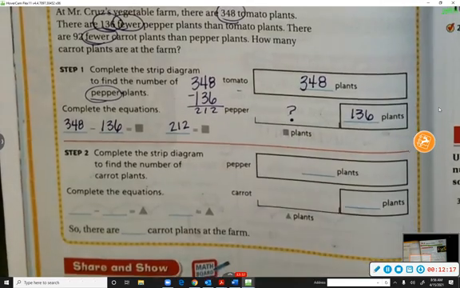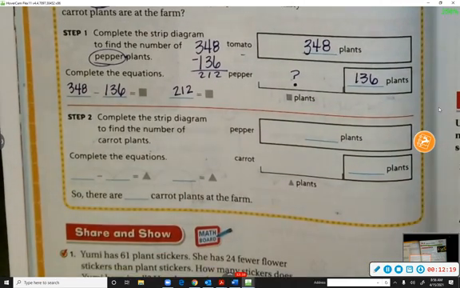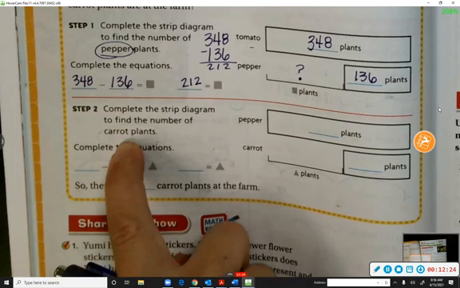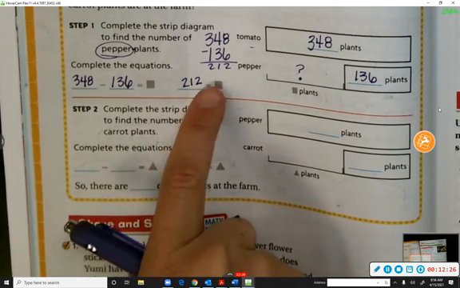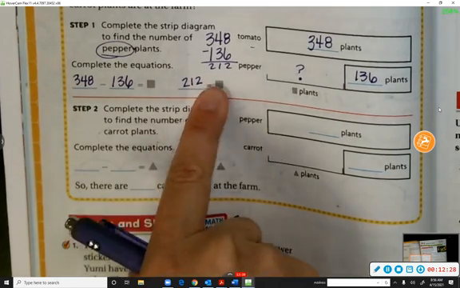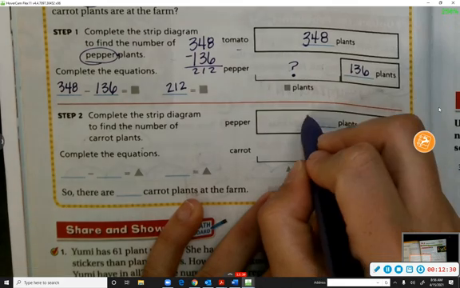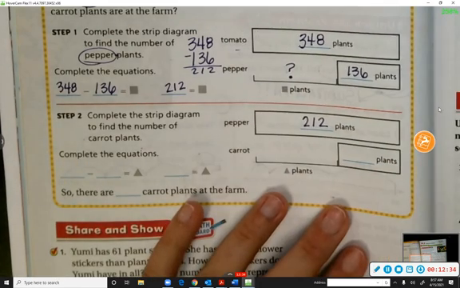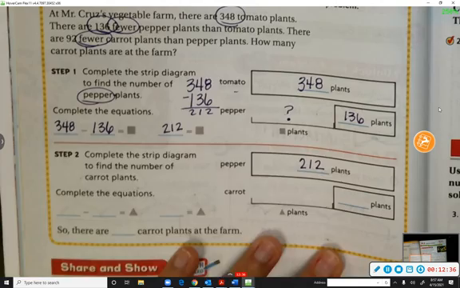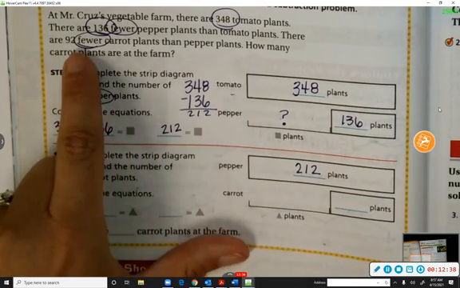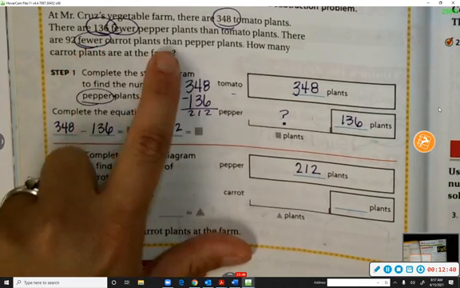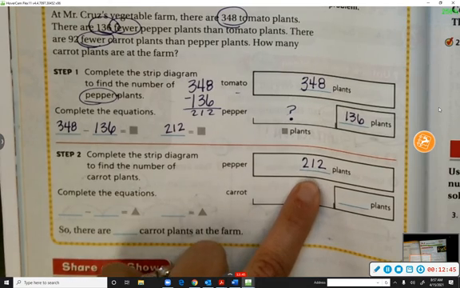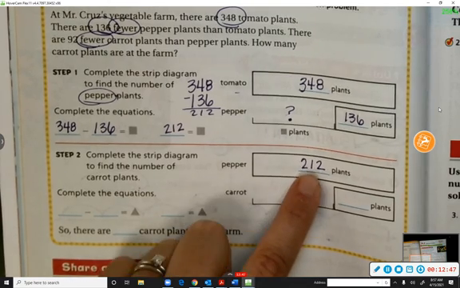Step 2. Now we need to find the number of carrot plants. Okay, so now we're using 212 as our total. Okay, so I go back up to the problem and it says there are 92 fewer carrot plants than pepper plants. So that's why we're using 212. 92 fewer than the pepper.